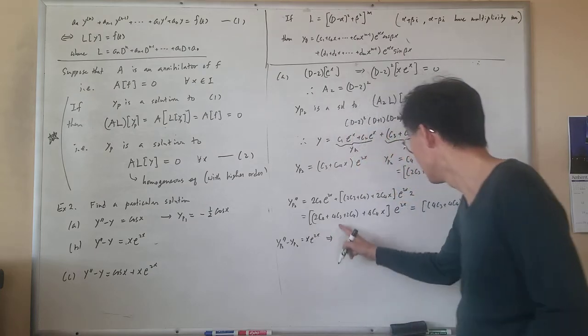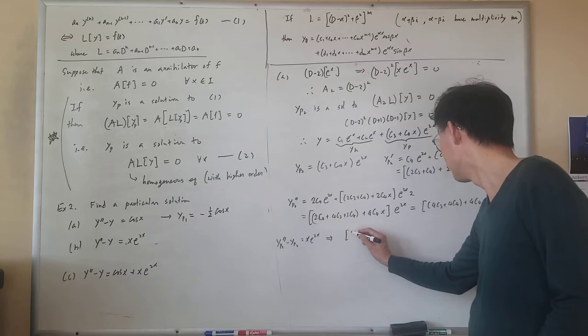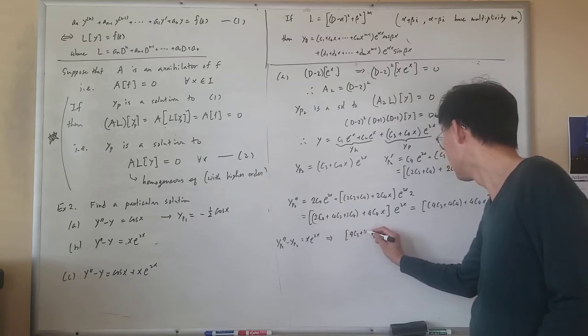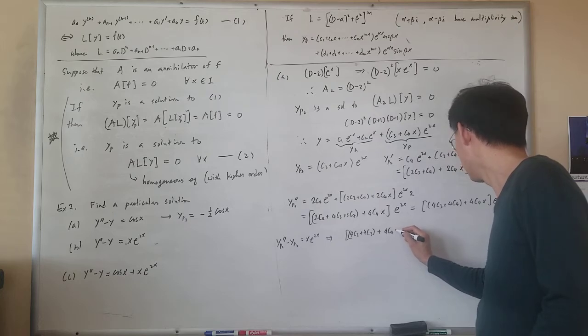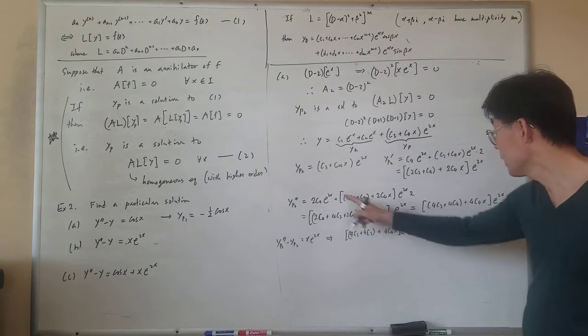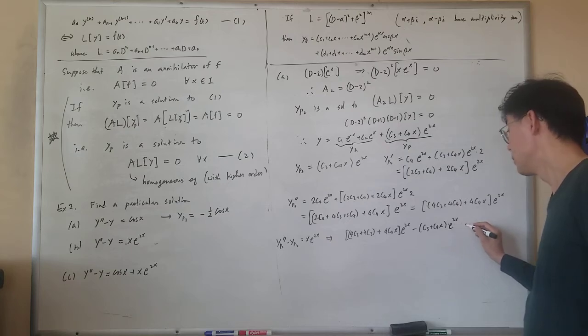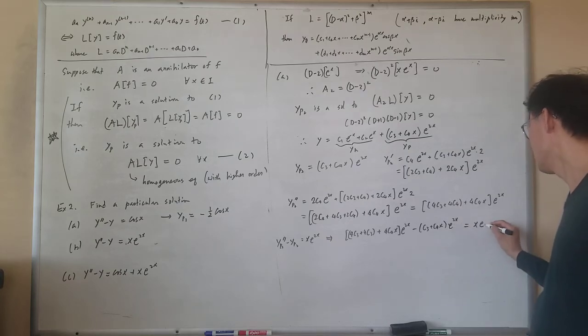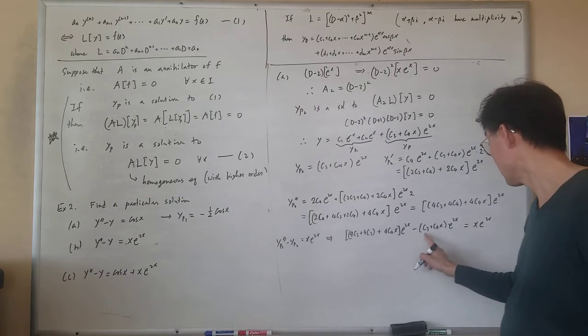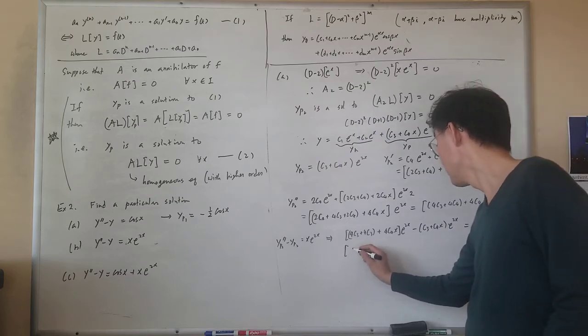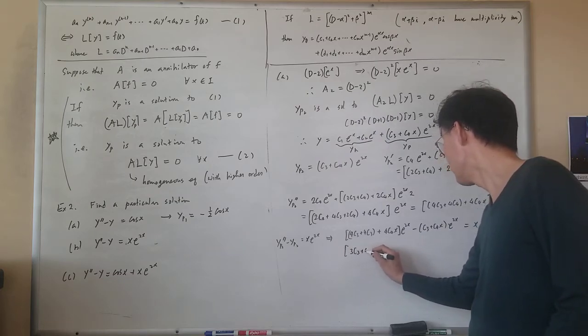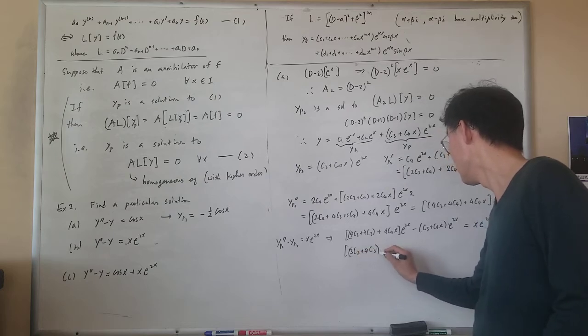To combine it, you have 3c3 plus 4c4 plus 3c4 x e to the 2x equals x times e to the 2x.